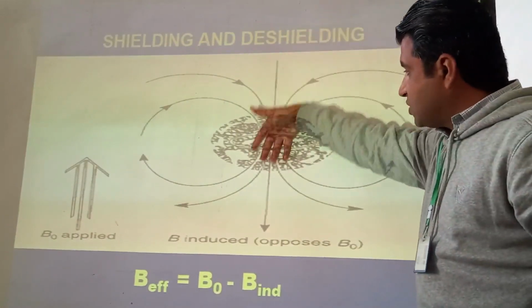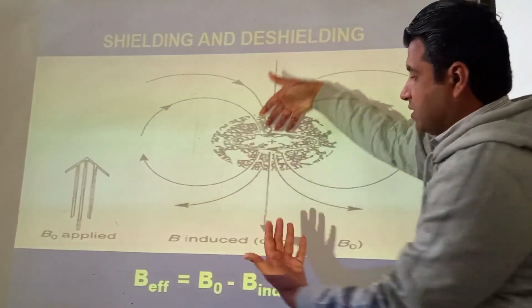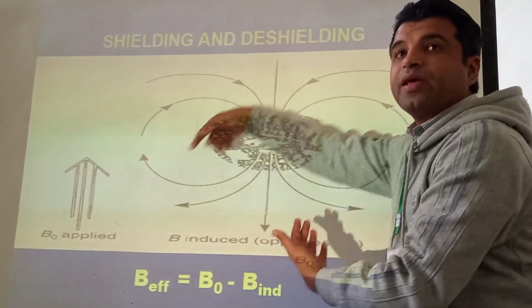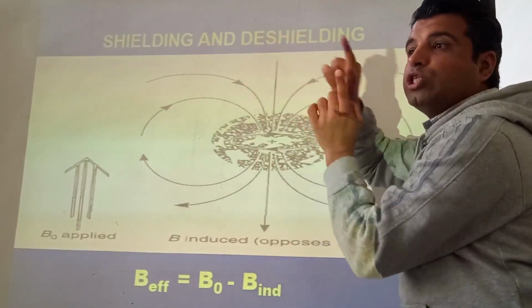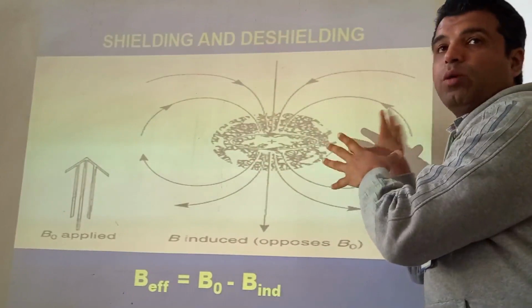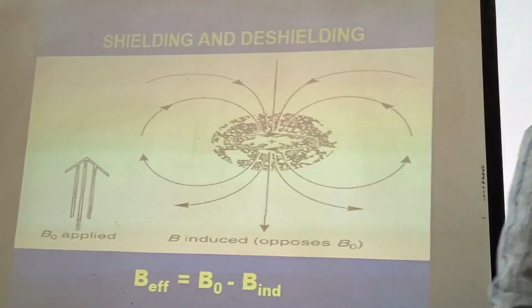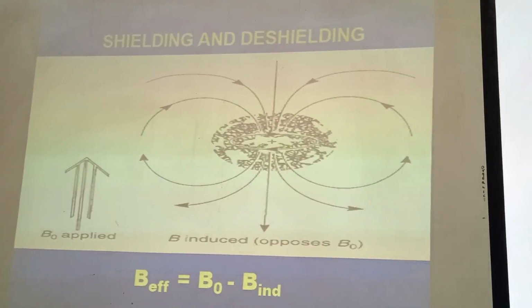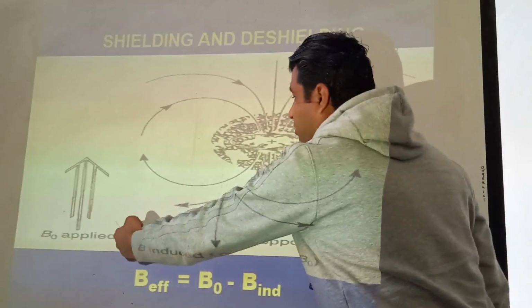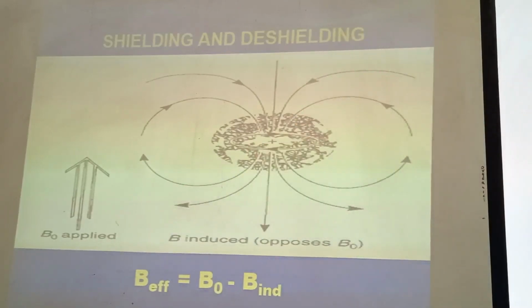The direction of these magnetic field lines is against the direction of the applied magnetic field, which means that this small magnetic field is opposing the applied magnetic field, and in turn it reduces the effect of this applied magnetic field on this nucleus.